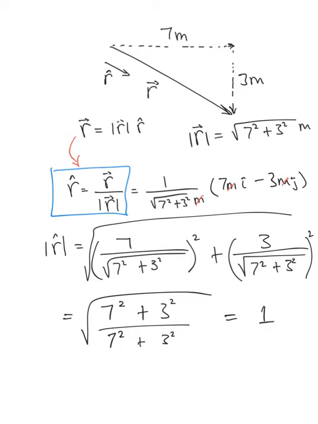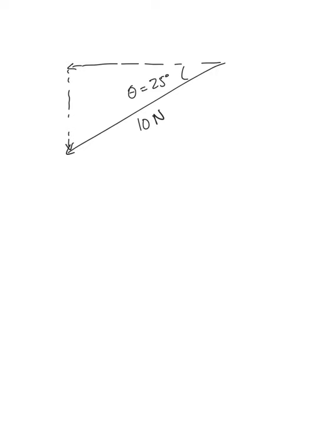So now let's look at one other way that we can turn a vector into a unit vector. Let's imagine that you have a vector that is of known magnitude and you know an angle relative to, say, the negative x-axis here. And we would like to write this vector in terms of its magnitude multiplied by some r hat.